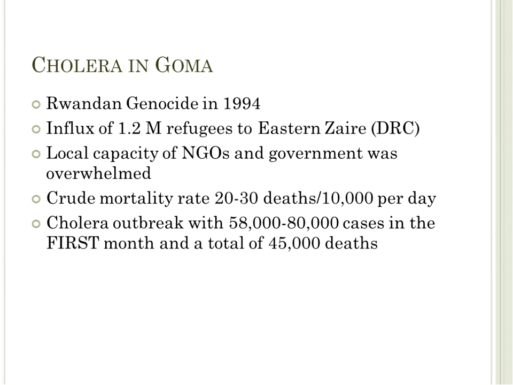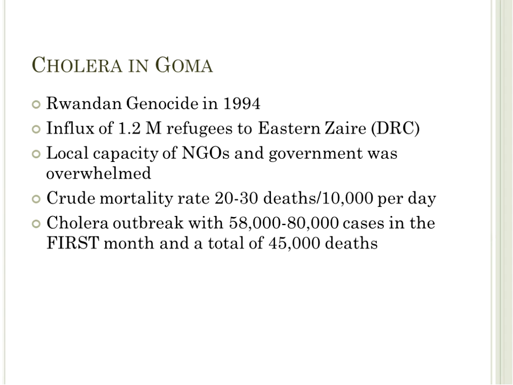Local capacity of both NGOs and the government was really overwhelmed, and as a result, this was classified as a humanitarian disaster. Unfortunately, the crude mortality rate was about 20 to 30 deaths per 10,000 per day. And there was a cholera outbreak that started there.